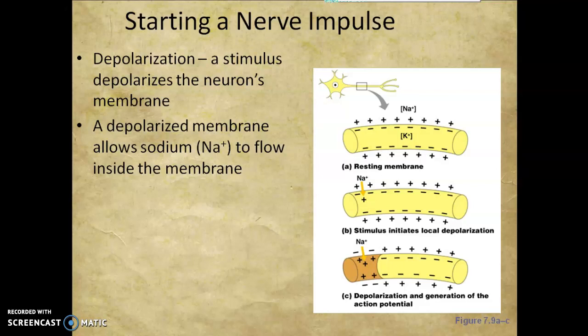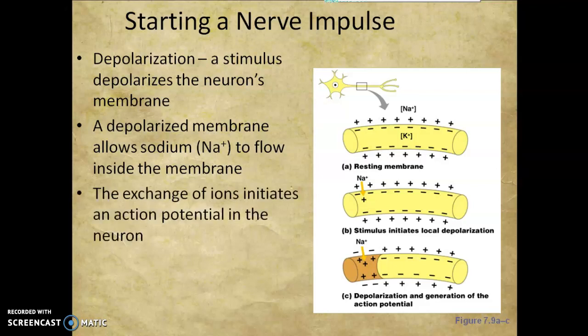A lot of times in your sliding filament theory, we talked about how the sodium ions would flood in, which would cause an action potential to go down the T tubules to release the calcium from the SR. So we've actually talked about this before.